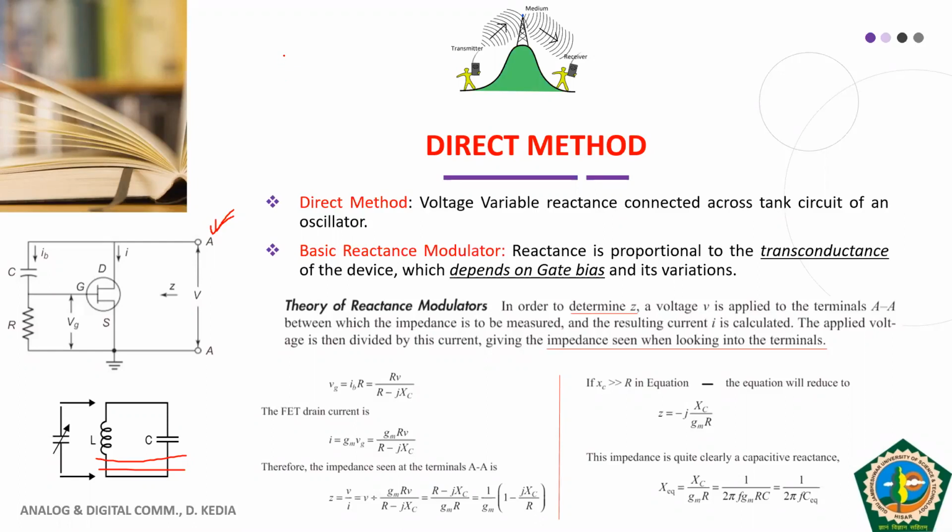One is your drain, then we have source, and the third terminal is gate. So D is your drain, G is your gate, and S is your source. Fine. And we also know how your FET works. Obviously we have to supply some bias on the gate.